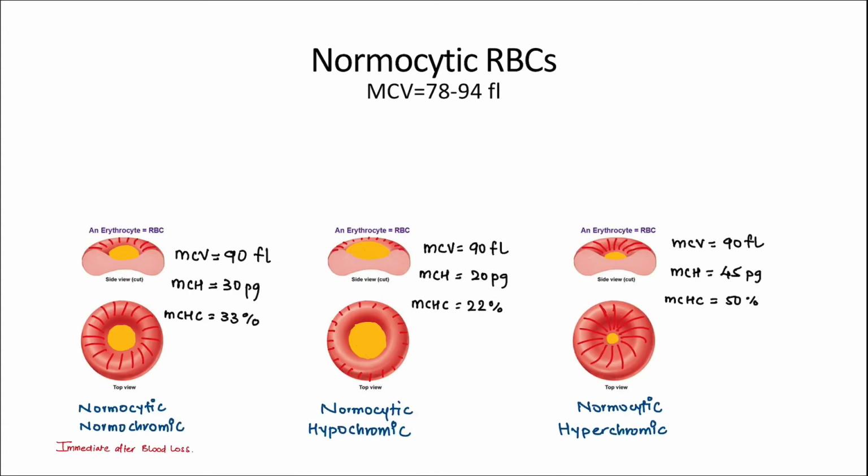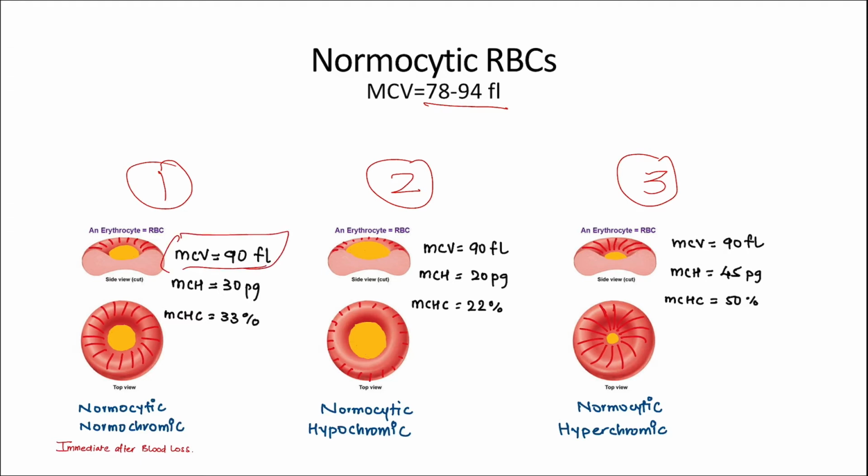Let's talk about normocytic RBCs. What do we mean by normocytic RBCs? The RBCs which have a volume of 78 to 94 femtoliters are called normocytic RBCs. So here we have three types of cells: cell 1, cell 2 and cell 3. All of them have the same MCV of 90 femtoliter, so all of them are called normocytic RBCs.